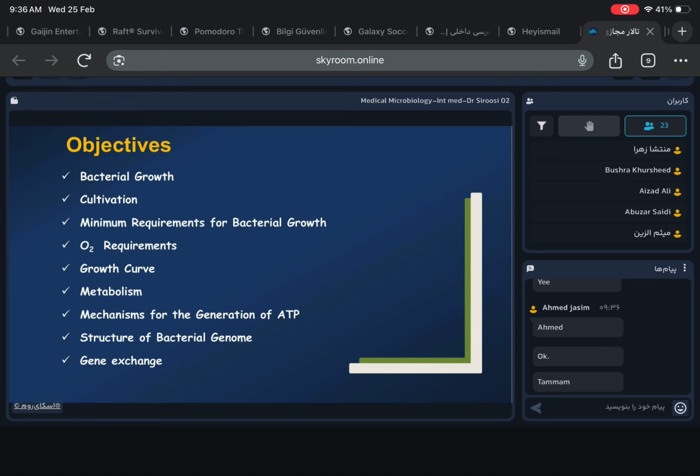We will be talking about cultivation, minimum requirements for bacterial growth. Also, we will be talking about molecular oxygen requirements for bacterial growth. Also, we will discuss what we call a growth curve, about the metabolism, about the mechanisms that bacteria use to generate ATP. Also, we will be talking about the structure of bacterial genome and gene exchange in bacteria.